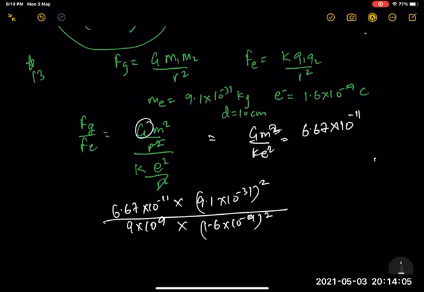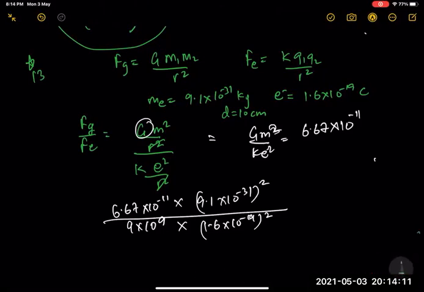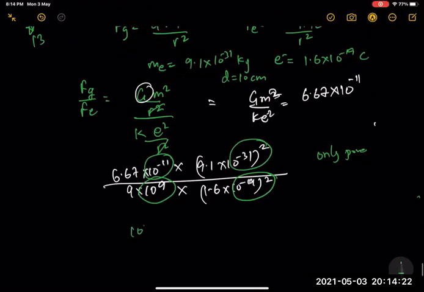Now you look at the options. The options are only giving you powers of 10, so I will only be interested in powers. This is 10 power minus 11, 10 power minus 62, 10 power 9, 10 power minus 38. So it is 10 power minus 11 into 10 power minus 62 divided by 10 power 9 into 10 power minus 38.